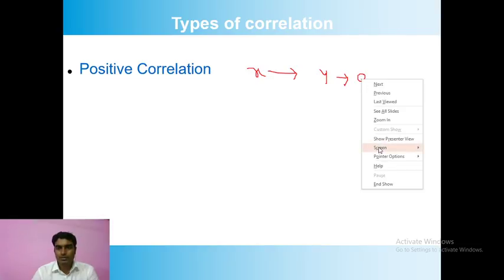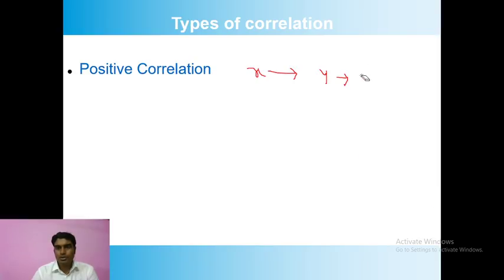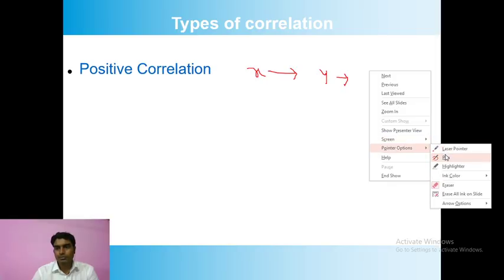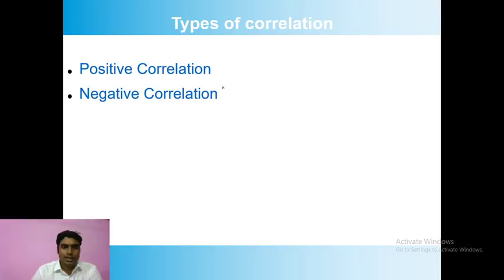So let's delete this one. It is always for two variables. Let me write that: for two variables we can find the correlation.